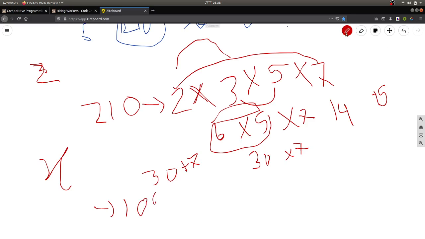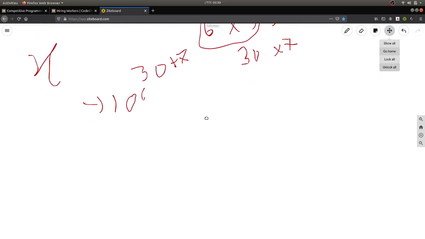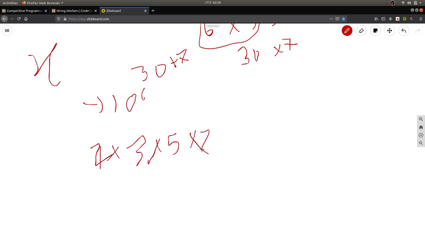So if you multiply the first 7 prime numbers, sorry, 2, 3, 5, 7, 11, 13, 17, it goes beyond the limit.